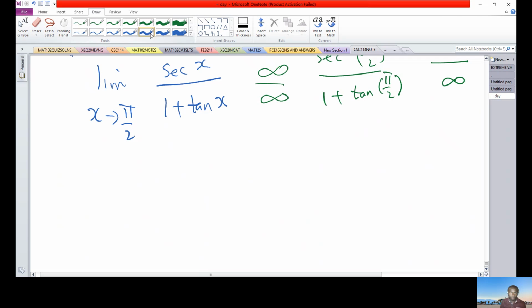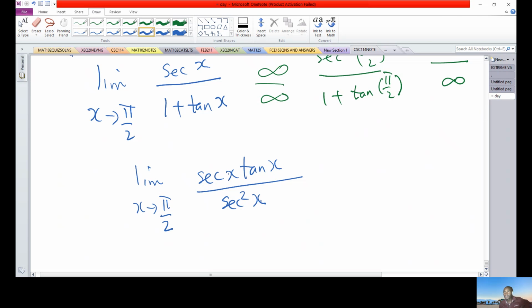So this will be the limit as x approaches pi over 2 of, now the derivative of sec is sec tan, and the derivative of tan is sec squared x. One sec and one sec cancel out, so we have tan x over sec x.